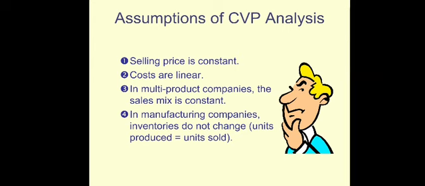Even though in the real situation, if a company produces 1,000 units of product, sometimes the company cannot sell all of them. Sometimes the company can only sell half of them, or maybe only 90% of them. But in this topic, we assume that units of production equal units of sales.